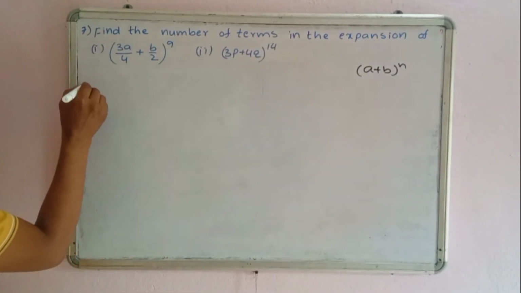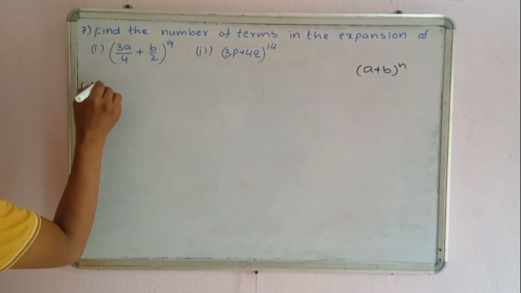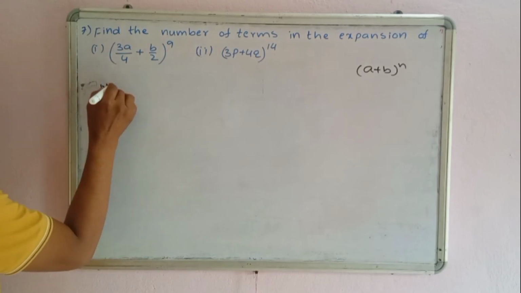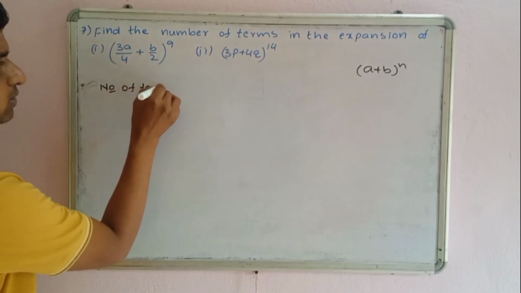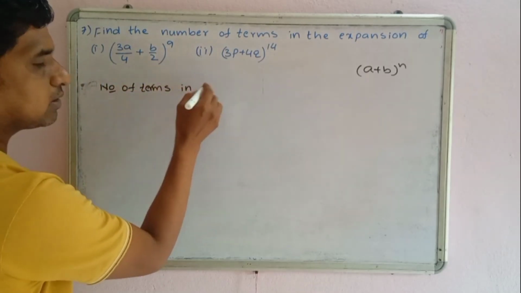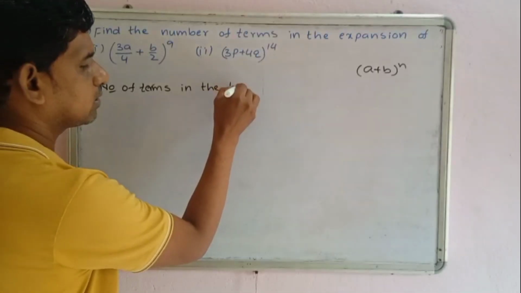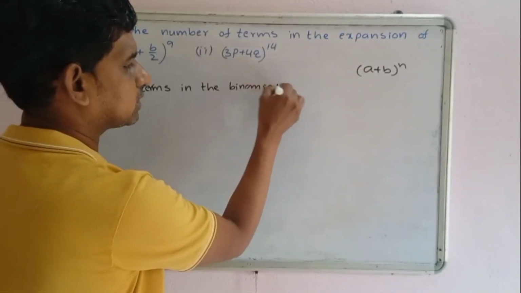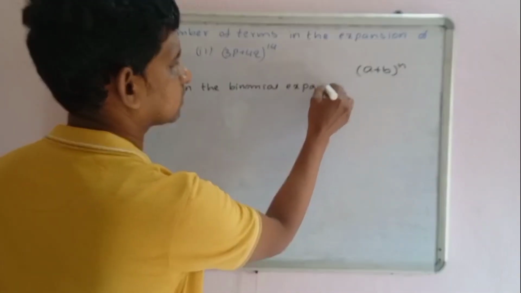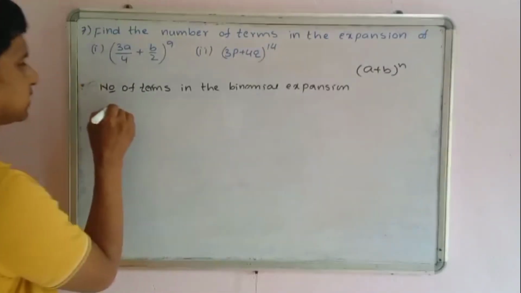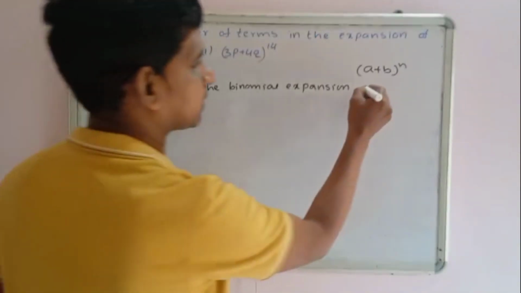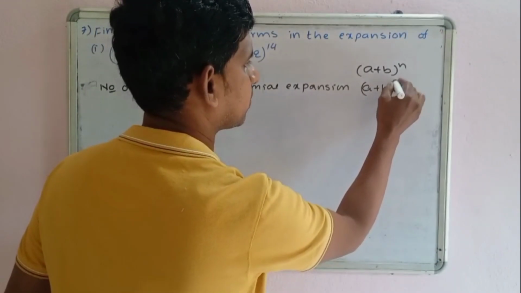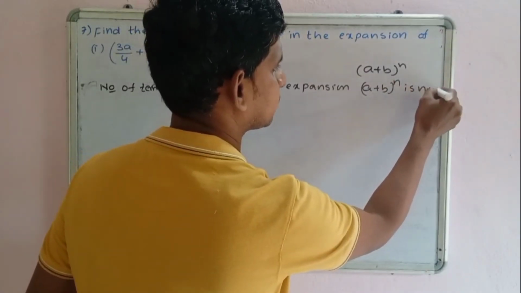The number of terms in the binomial expansion (a + b) whole power n is n plus 1.